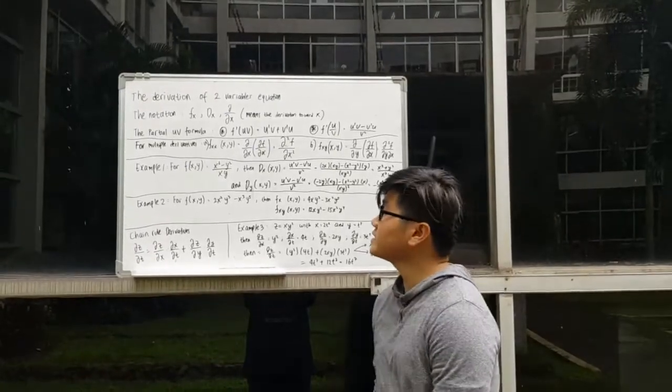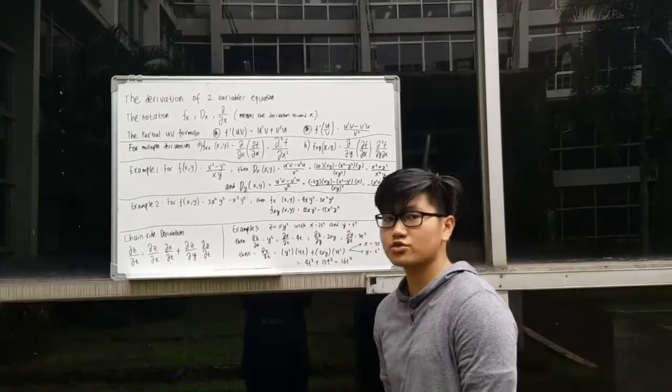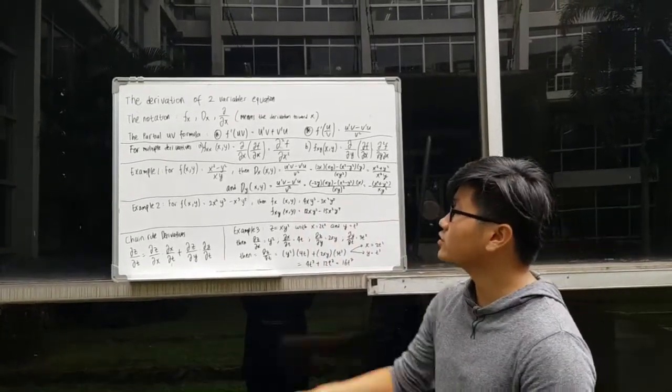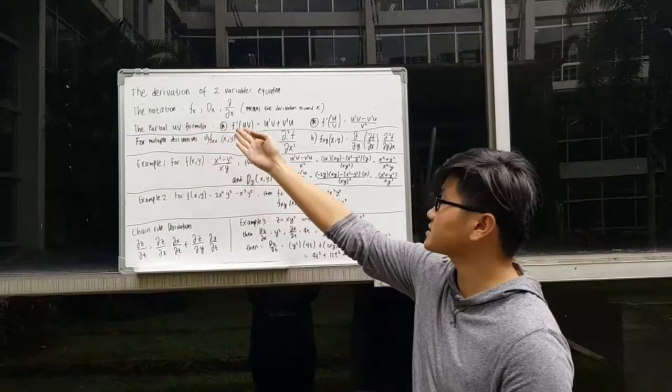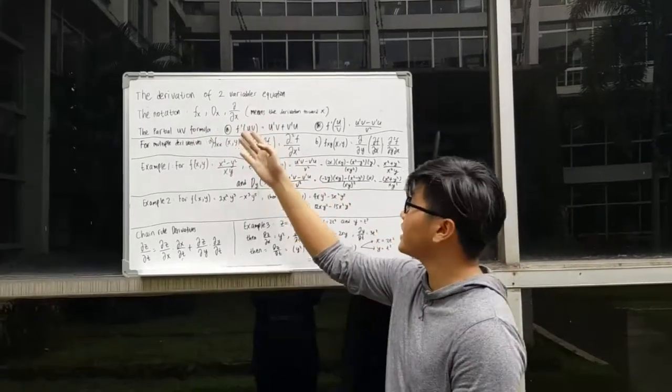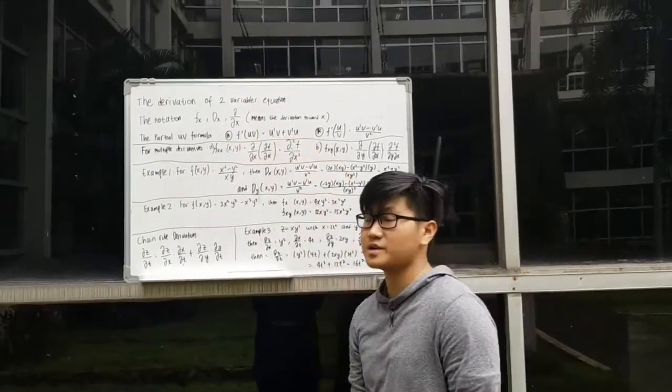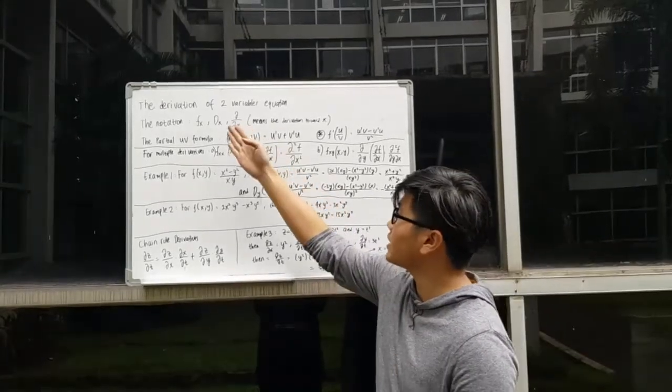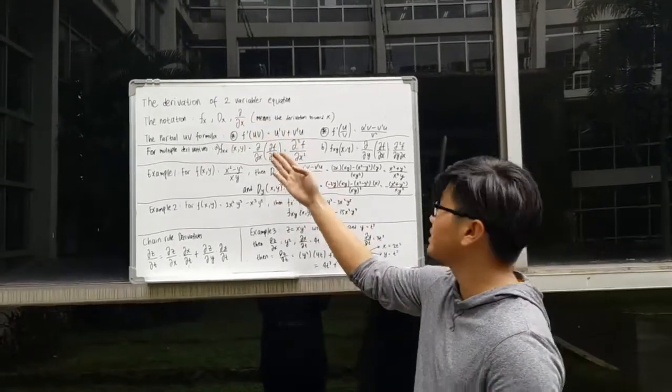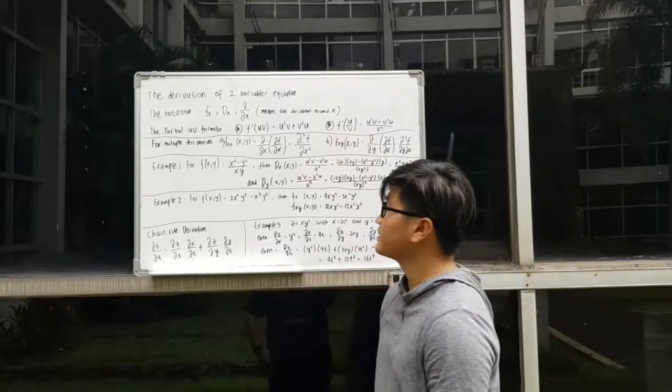Next, I'll be explaining how to differentiate two-variable equations. We know the notation f_x, or ∂/∂x, means the derivative with respect to x. Meanwhile, f_y, or ∂/∂y, means the derivative with respect to y.